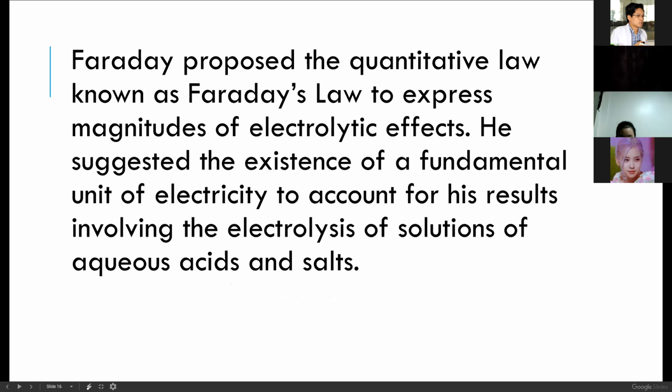Faraday proposed the quantitative law known as Faraday's law to express the magnitudes of electrolytic effects. He suggested the existence of a fundamental unit of electricity to account for his results involving the electrolysis of solutions of aqueous acids and salts.